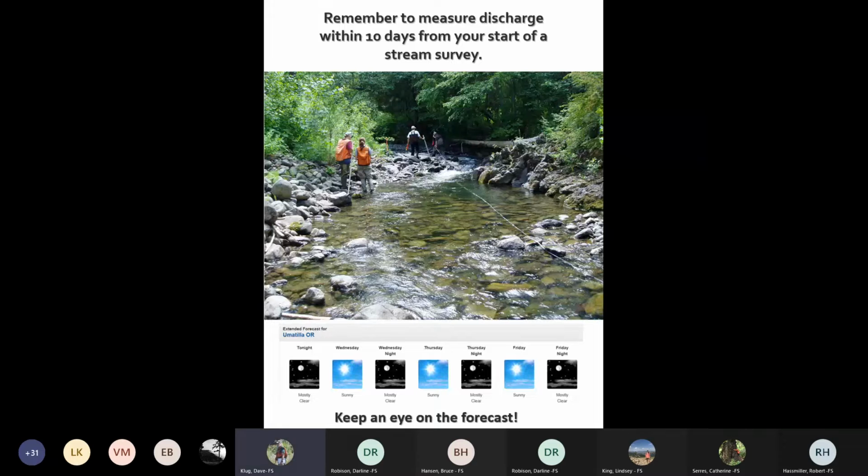Hey, Bob, I wanted to make a point on estimating the discharge of a tributary, because we're required to determine whether that discharge is less than or greater than 20% of the discharge, the flow that's going down the main stem. It's really important to know what your discharge is before you get to that tributary junction, and to estimate that.